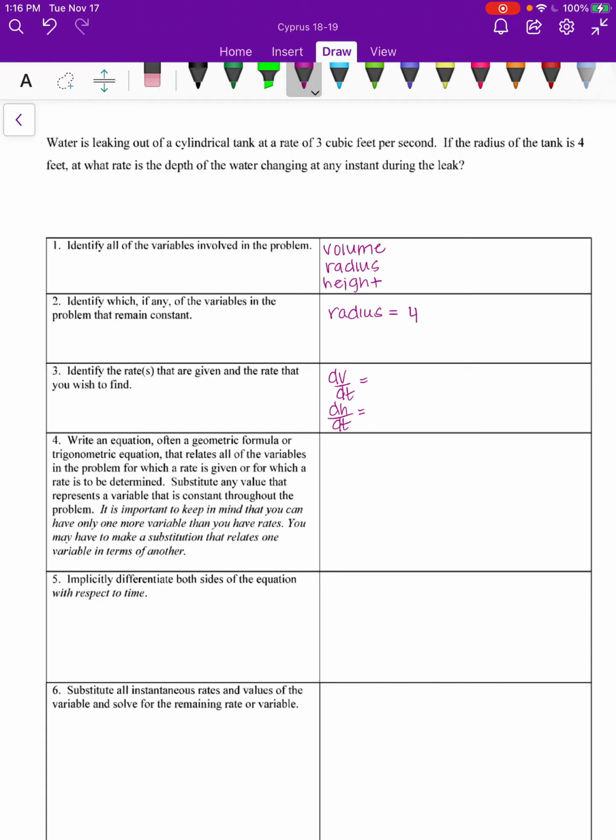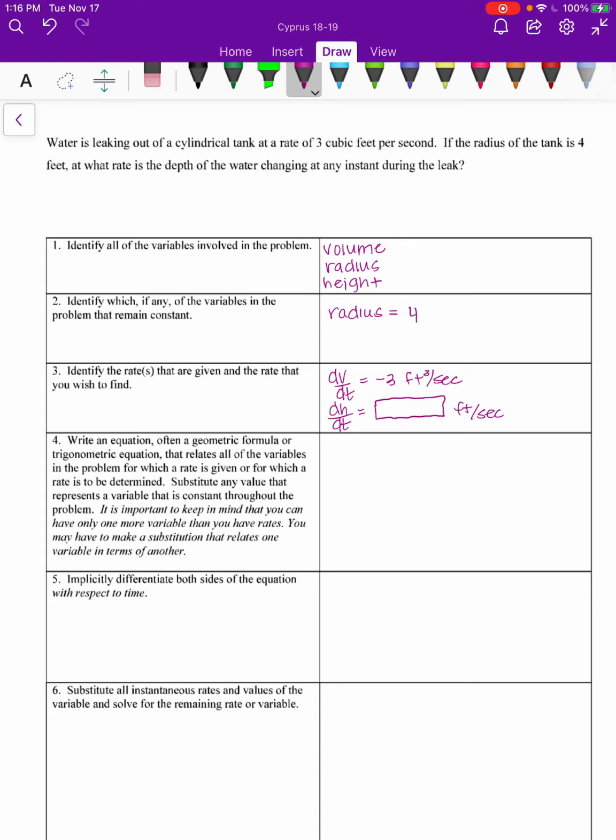Thinking back to the problem we worked on in the last video, because water is leaving this tank, our rate is negative. And then dH dt, that's what it's asking me to find, the rate at which the depth of the water is changing, and that would be in feet per second.